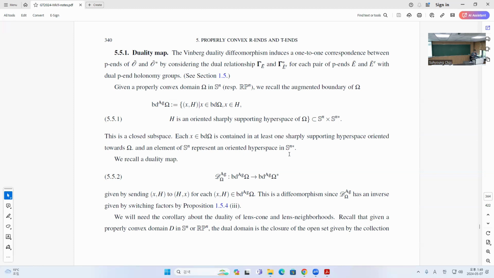Then your duality map is just that you switch x and h, because if you look at these omega star, then the roles are actually switched. Okay, and this is of course a diffeomorphism, and the inverse is just itself, right? And so on.